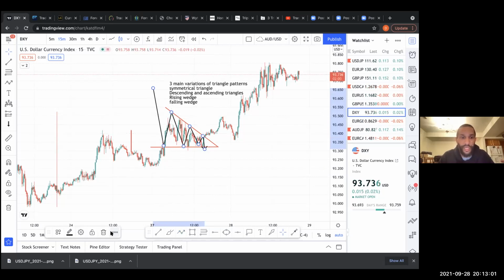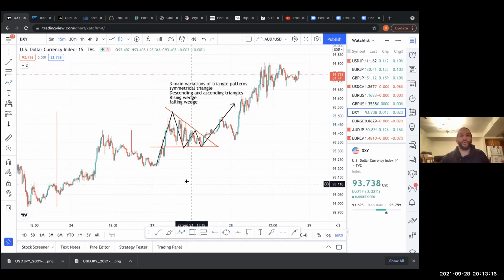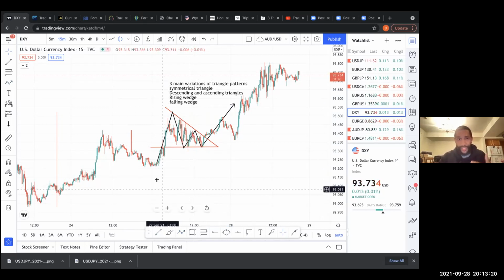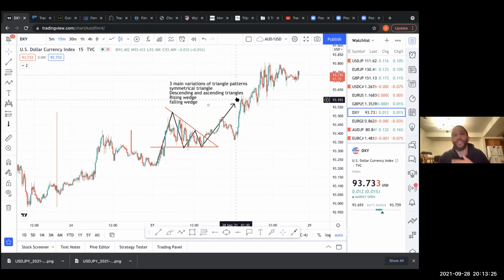Now for this example itself, what happened was it came up out of just a temporary uptrend, it made its moves, and it continued in that uptrend. So either way, you still want to determine which way your trend is. All right. If your trend is going up, look for it to continue to the up end.